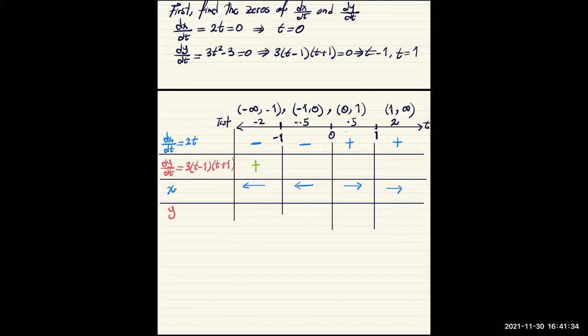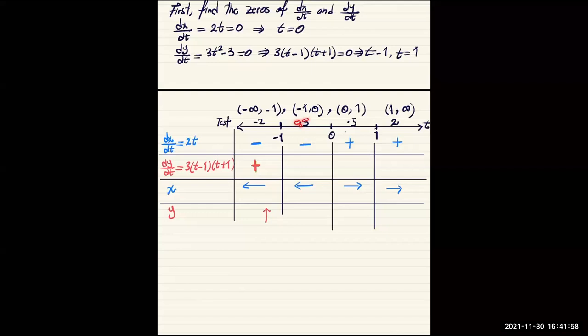So what does that tell us, guys? A positive dy dt. What does that mean? It's going up. North, yeah. Y is increasing. Increasing y means upward.